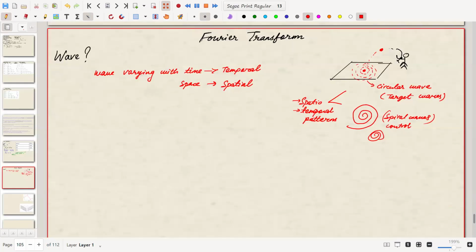Let us see this example so that it will be easier for you. Let us try to model a wave. A wave is a kind of mathematical function.